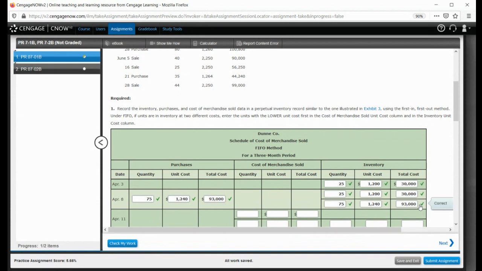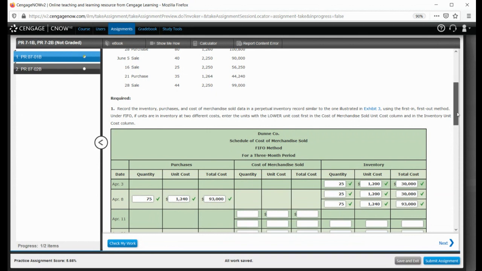If we were to stop on April the 8th, which we won't do, but if we were to stop here and prepare a balance sheet, our ending inventory will show up on the balance sheet at the cost of 123,000. Right now, we don't know what the cost of merchandise sold is because we haven't had any transactions where we're selling any items in the month of April.